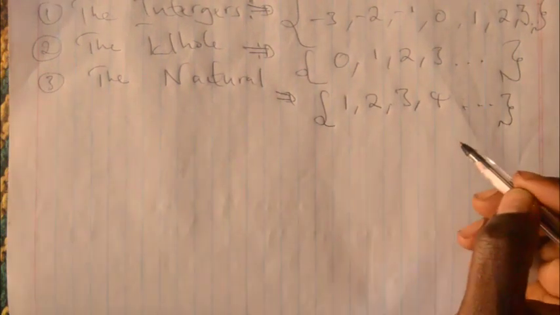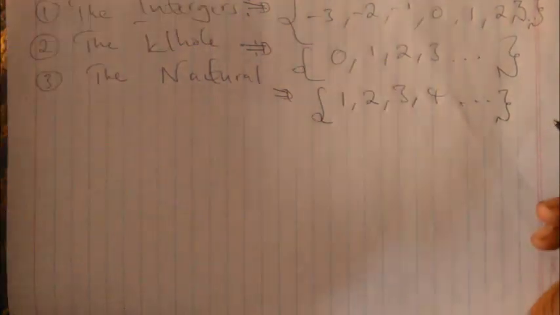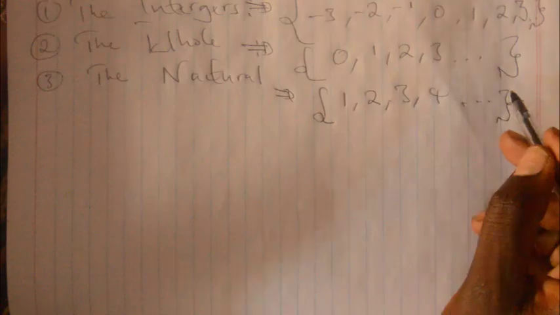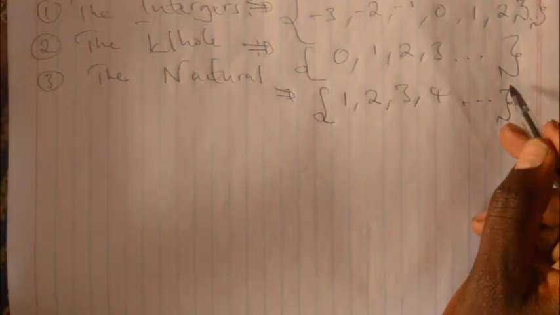Now the other thing is that, despite these particular numbers, there are also other real numbers that are known as the rational numbers. To generalize, all these numbers can be mentioned in general as the integers. Now, apart from the integers, we also have the rational numbers.